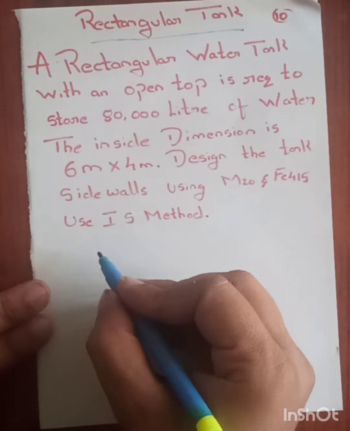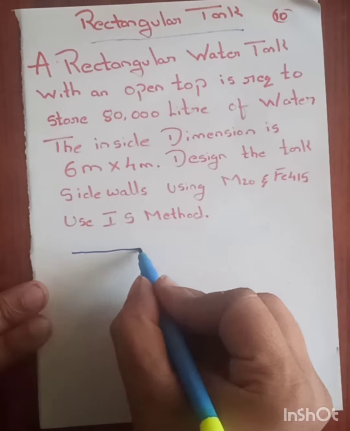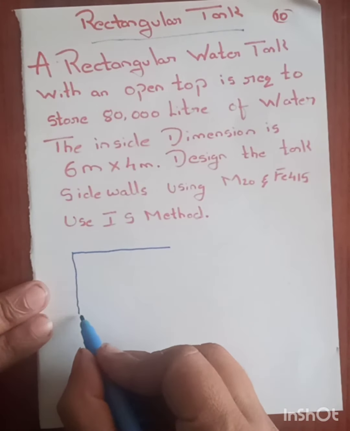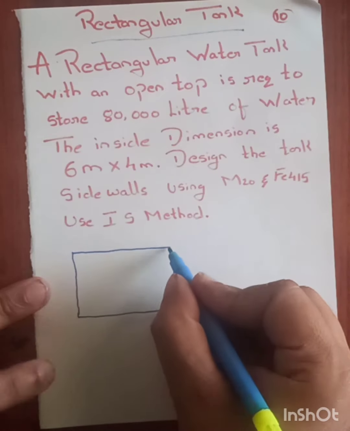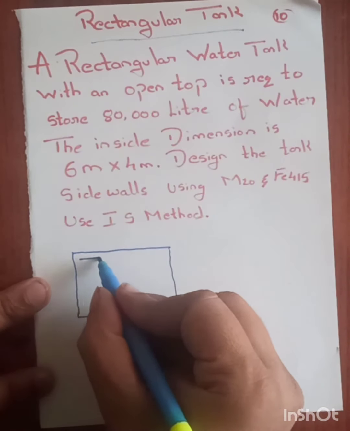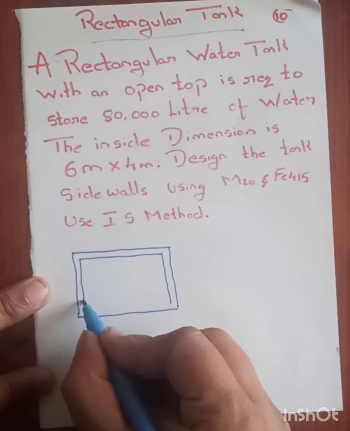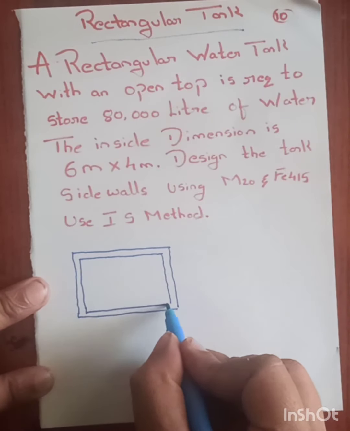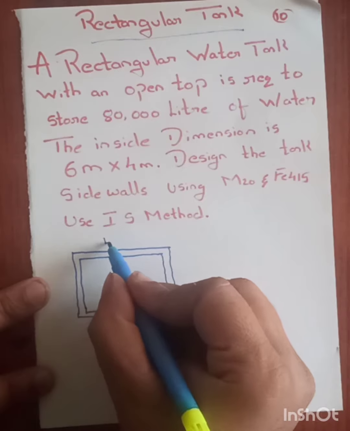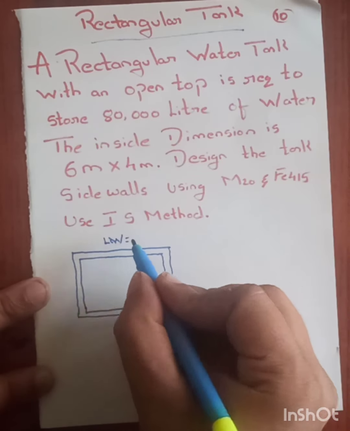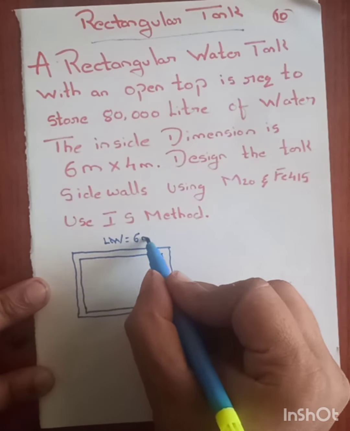So we have this wall. It's a rectangular water tank. This is the long wall, which is 6 meters.